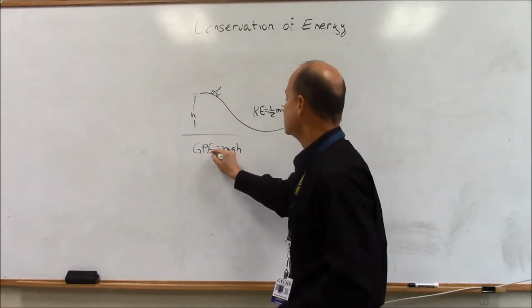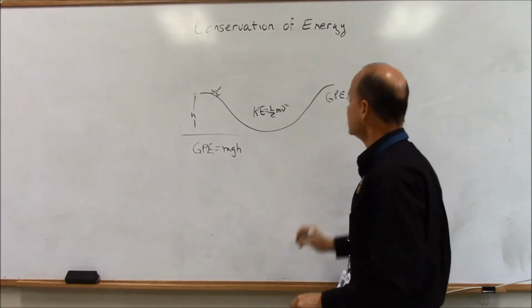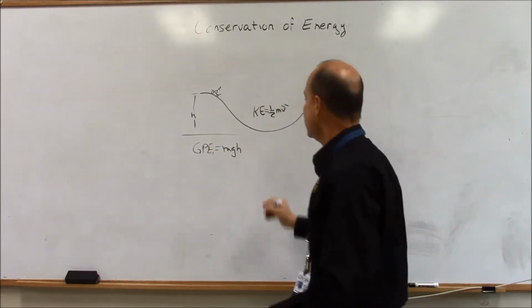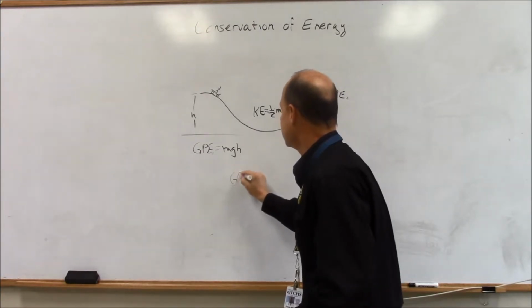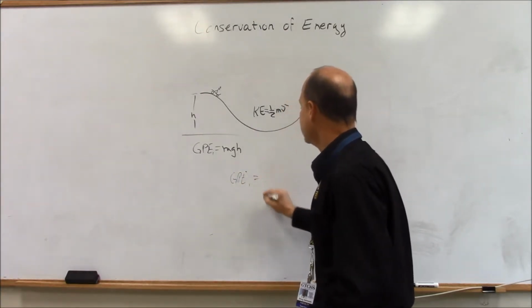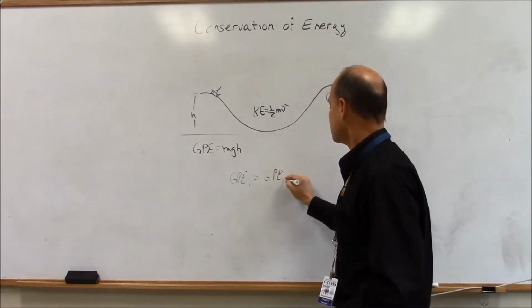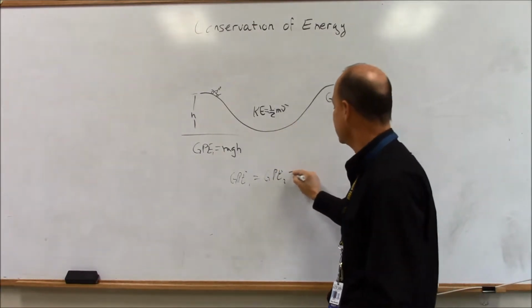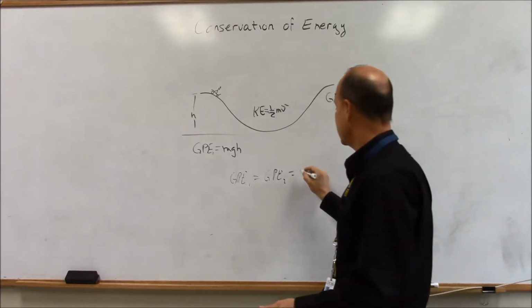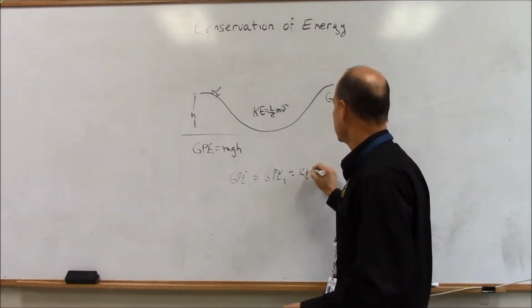So if this is GPE1 and this is GPE2, conservation of energy says that GPE1 is going to equal GPE2, and also the kinetic energy at the bottom of the ramp, right?